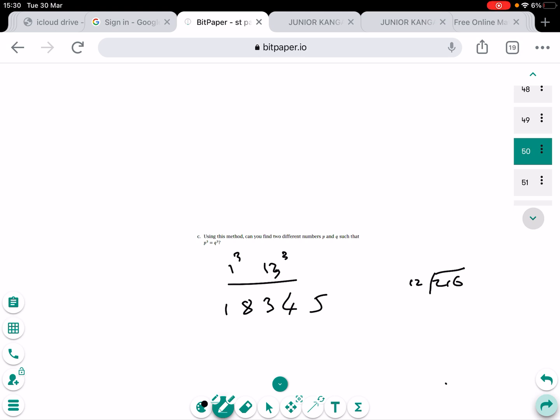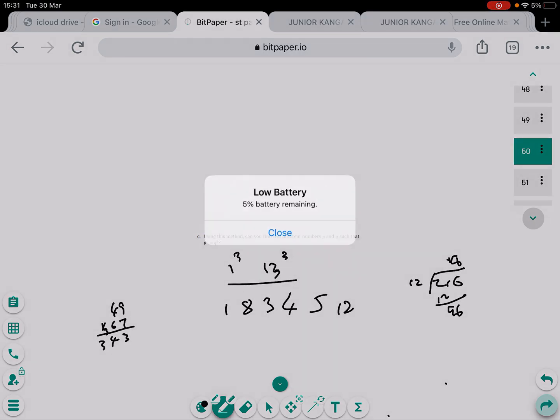So 216 is 12 times 18, remainder 0... that's 12 in a single digit. And 7 cubed is, wait, I forgot what 7 was. 49 times 7 equals 343.